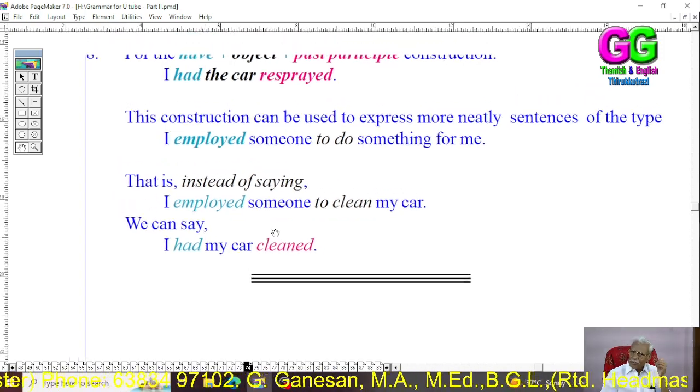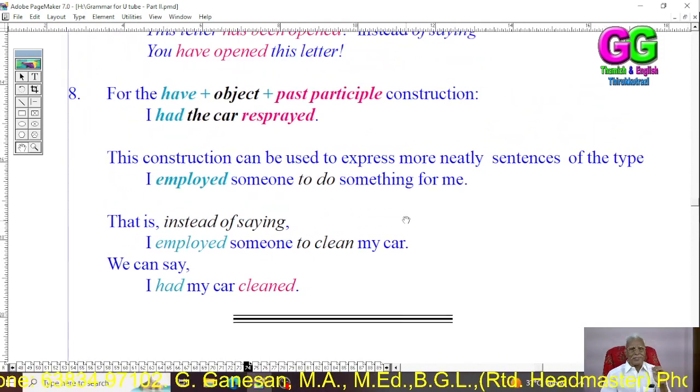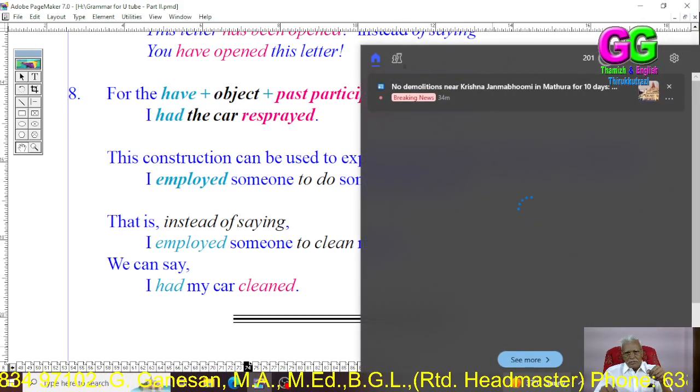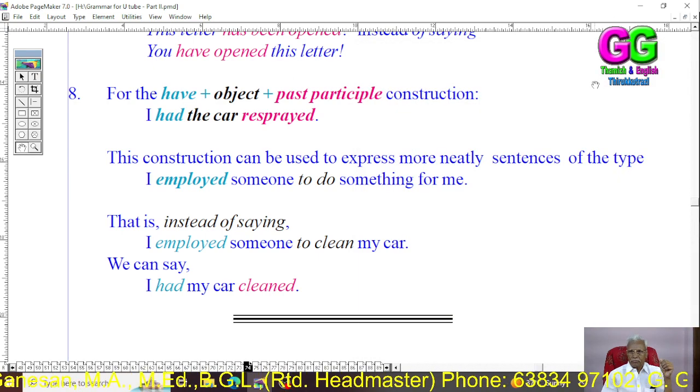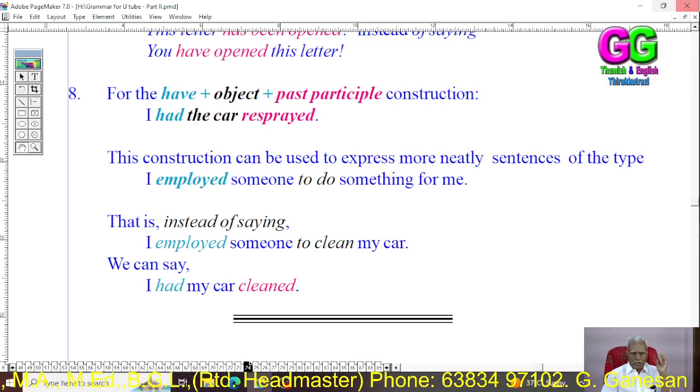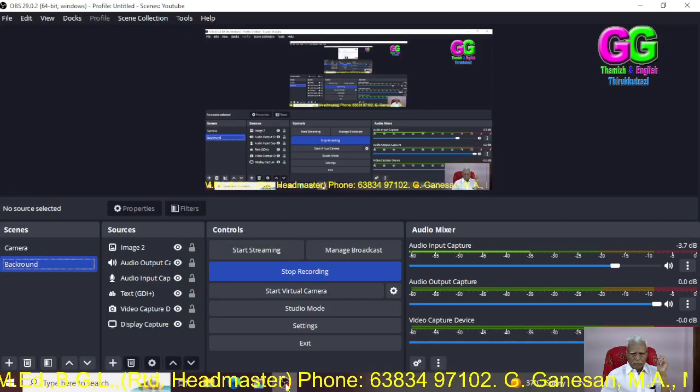When it is necessary to avoid the name or to avoid the teller, it is better to use passive voice. Thus we have seen why and where we should use passive voice.